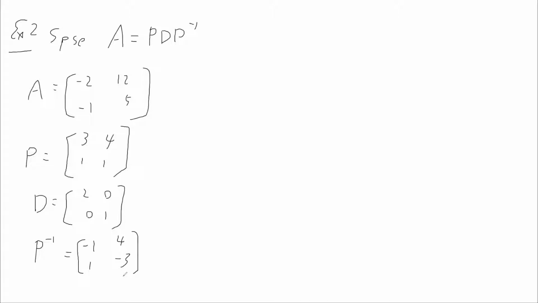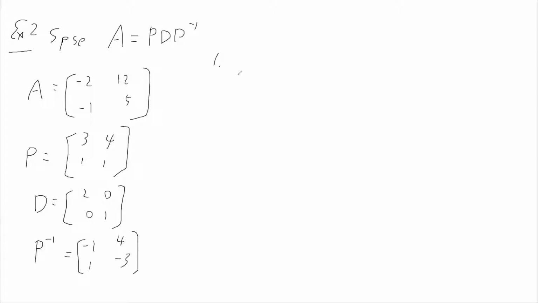All right, so let's take a look at example 2. We are assuming that A can be written in this form, P D P inverse. So here A is diagonalizable because D is a diagonal matrix, and then we have P and P inverse here. Let's look at the first part.